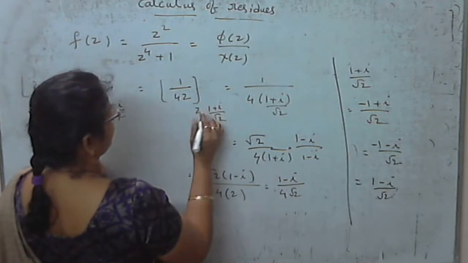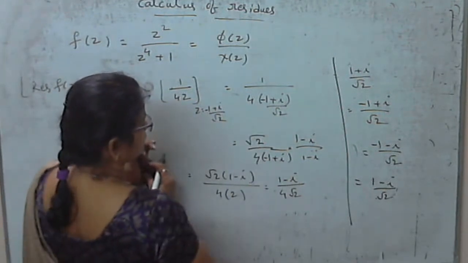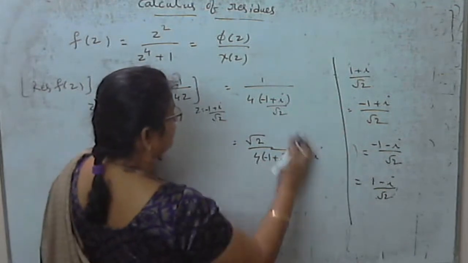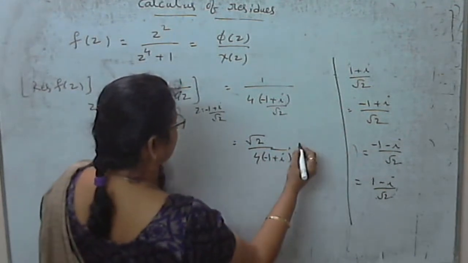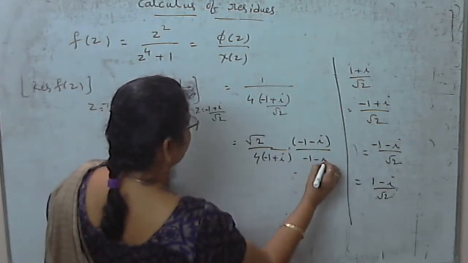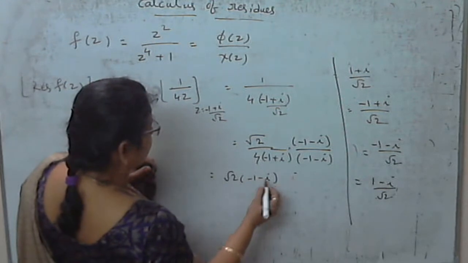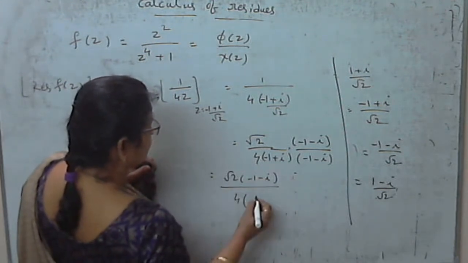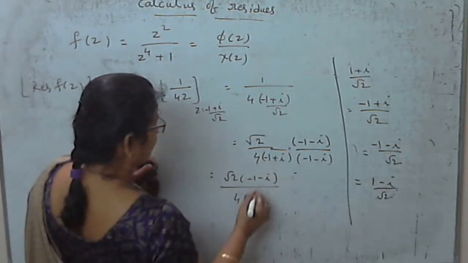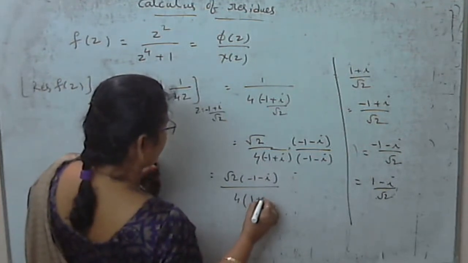In a similar way, you can calculate for minus 1 plus i by root 2. That is 1 by 4 into (minus 1 plus i) by root 2. By rationalizing, multiply by minus 1 minus i by minus 1 minus i. So root 2 into (minus 1 minus i) by 4 into (minus 1 square minus i square), that is 1 plus 1.